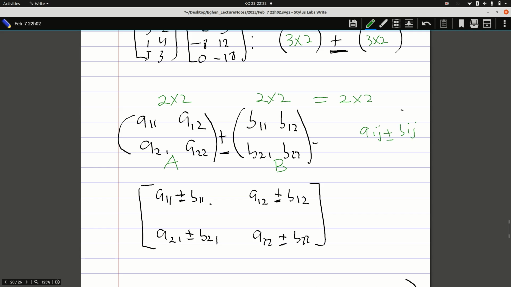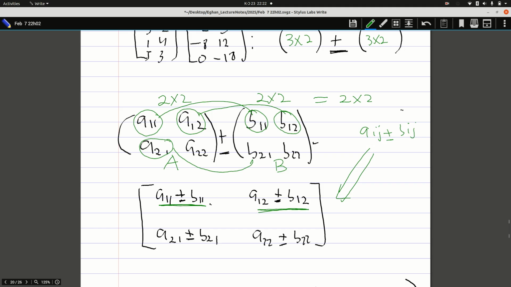And this is what I have done here. This first number would add to this first number, and that is what I have here, or subtract. This second element will have to take this second element, and that is what I have here. This one here would also have to add or subtract the term here, and that is what I have done here.